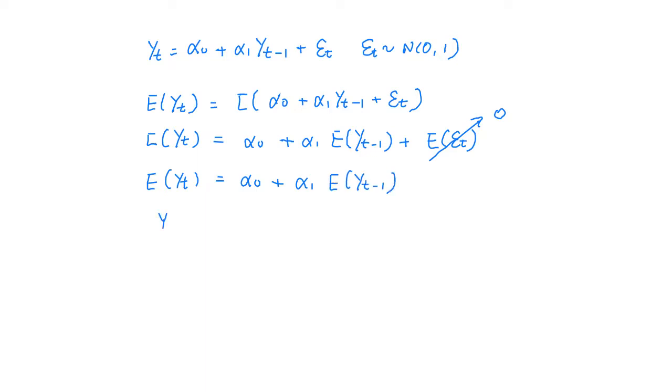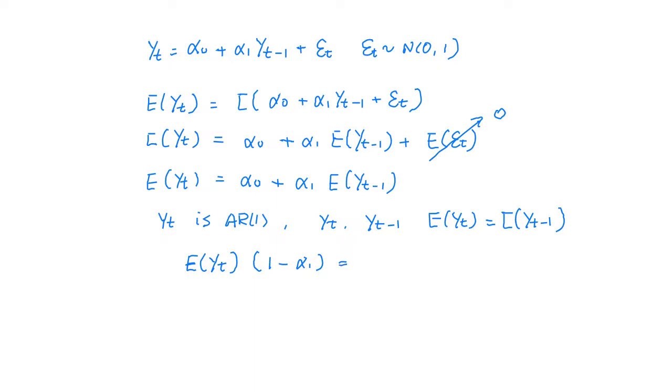Okay, so now if yt is AR(1), that means y(t minus 1) and yt expectations are supposed to be the same. By using this rule, E[yt] times (1 minus alpha 1) equals alpha naught. E[yt] is alpha naught divided by 1 minus alpha 1.